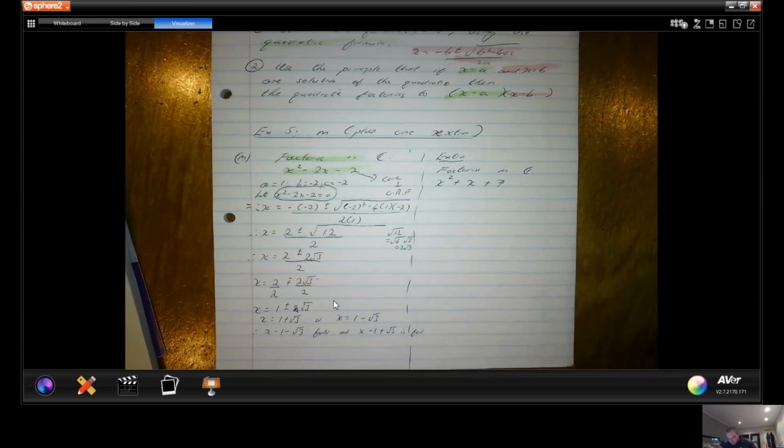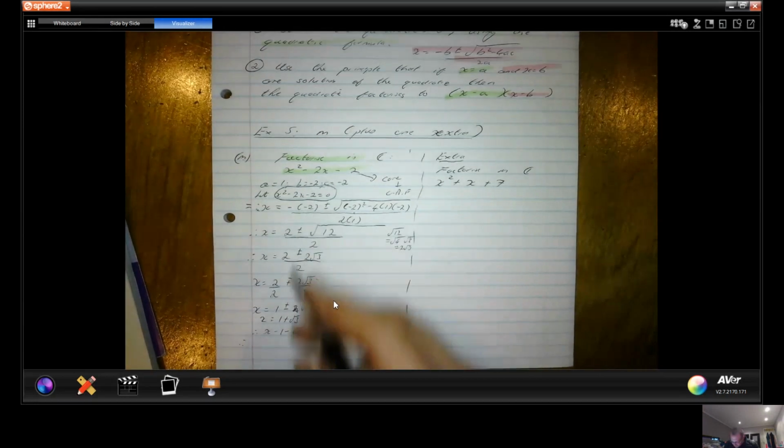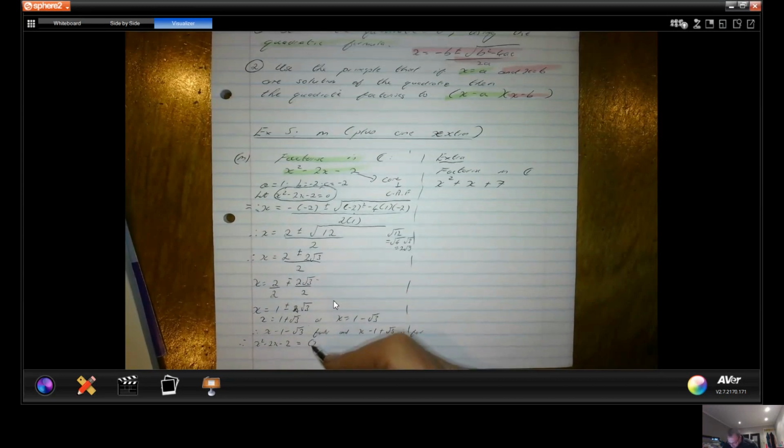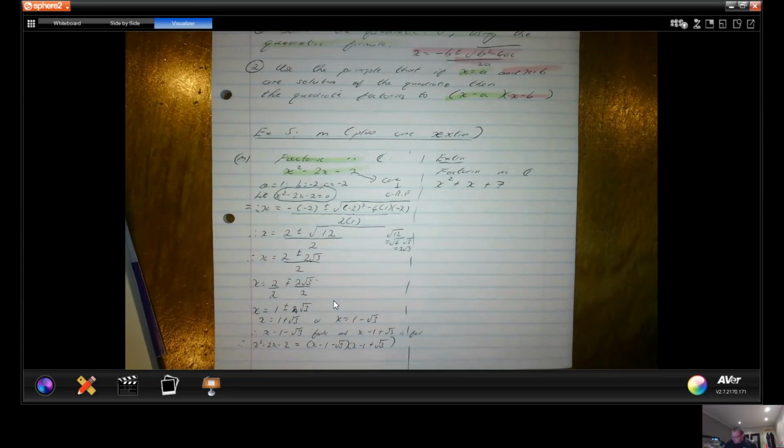In other words, the quadratic x squared minus 2x minus 2 could then be factorized as the product of its factors. That's what factorizing means. So it would factorize to x minus 1 minus root 3, x minus 1 plus root 3, and there is your final answer.